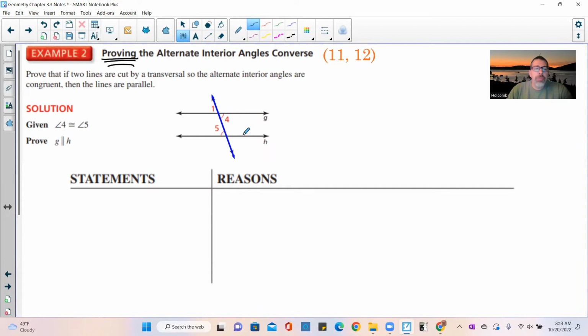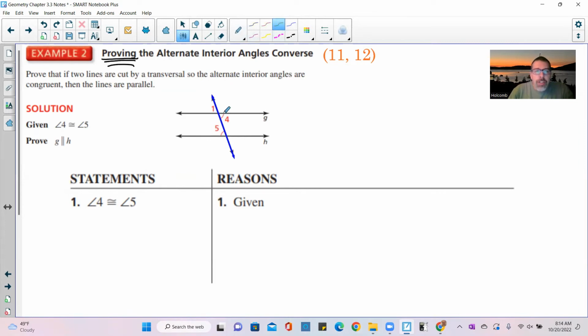You don't do that until you've proven it. Okay, so what do we know? Well, first thing we know is the givens. So angle 4 is congruent to angle 5. Reason, given. Now, looking at this diagram, what else can we get from it?